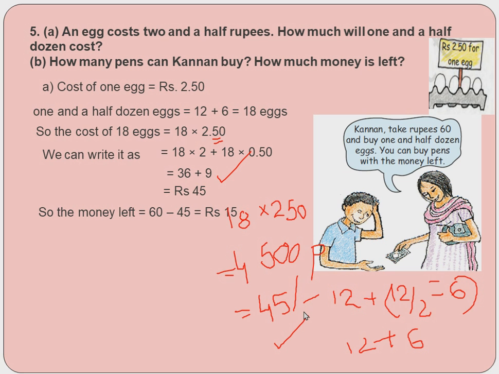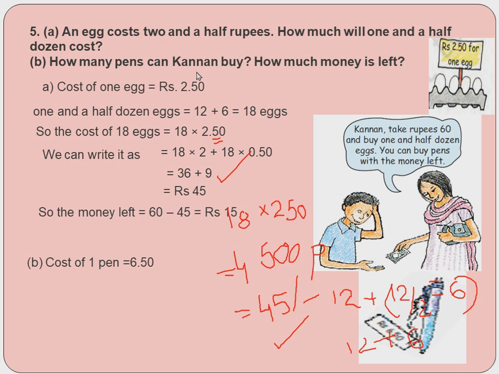Now, the money left with him: how much money did the mother give him? 60 rupees. It's given here. So 60 minus 45, 15 rupees. Now next question. How many pens can Kannan buy? How much money is left?